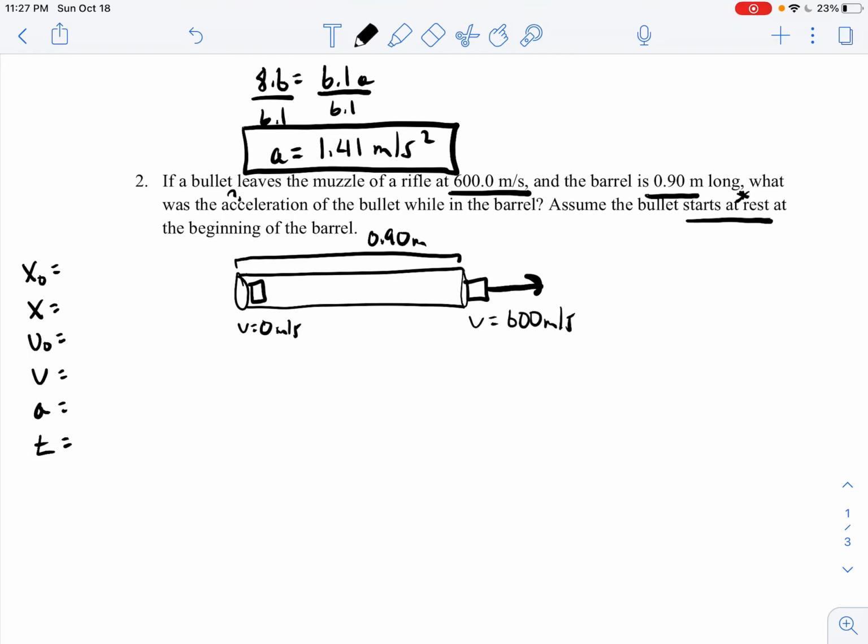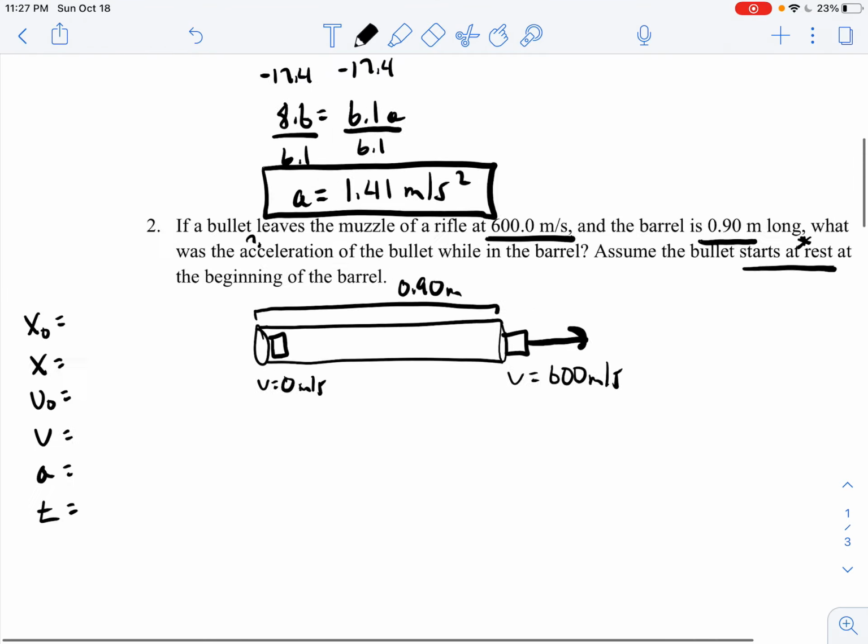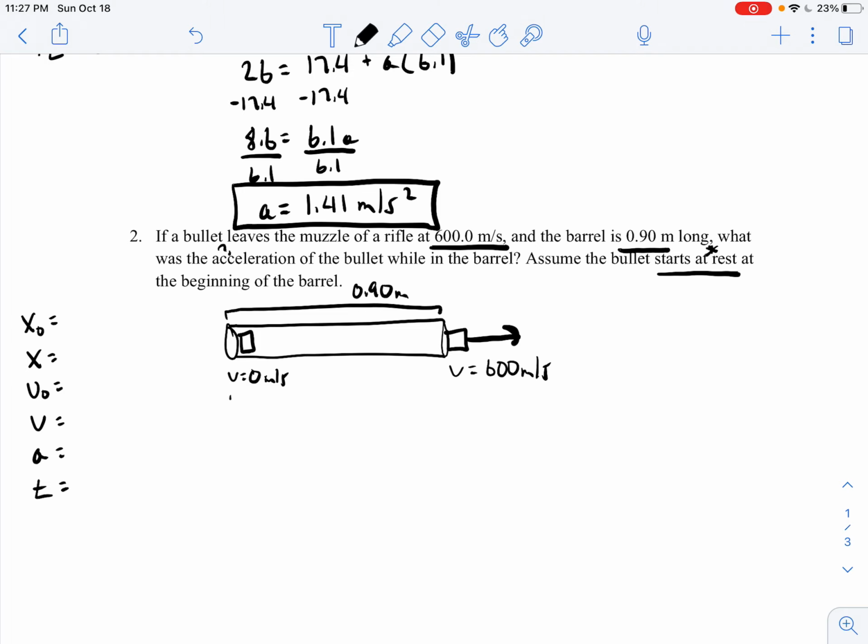So at the beginning here, we're going to be at a position x equal to 0 meters. So our initial position is going to be 0. Our final position, after we travel throughout the length of our barrel, is going to be 0.9 meters.